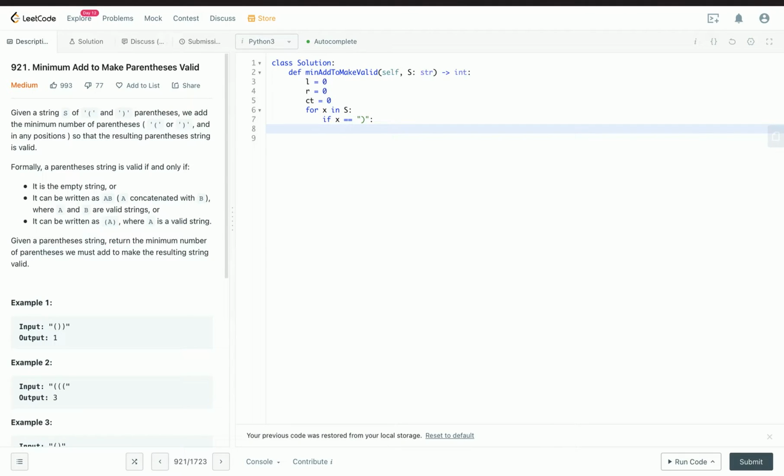then there are 2 scenarios. One is like for this example 1.